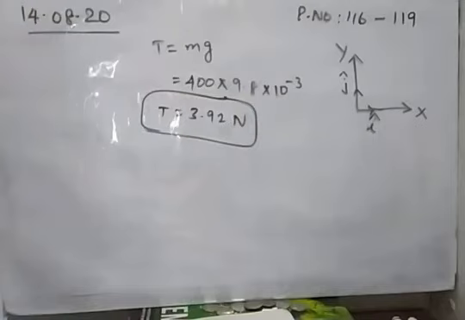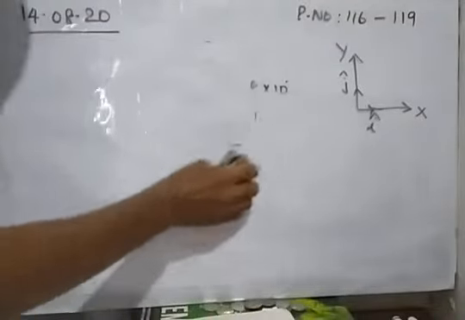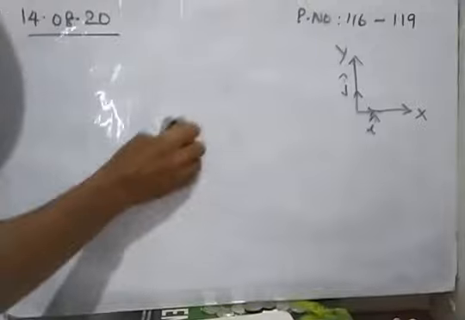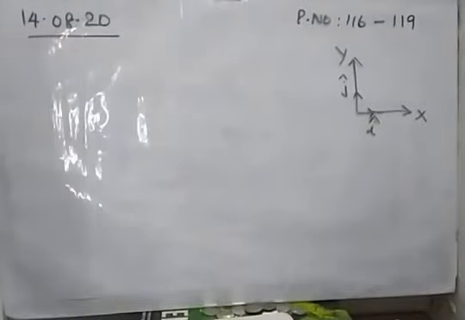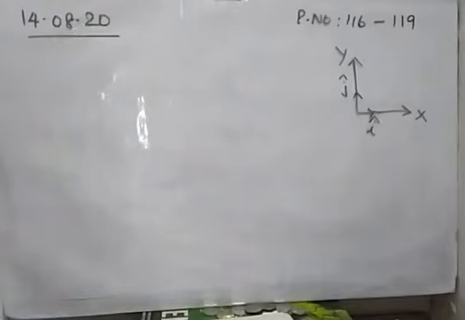Next, example number 3.5. A person rides a bike with a constant velocity v vector with respect to the ground, and another biker accelerates with acceleration a vector with respect to the ground.